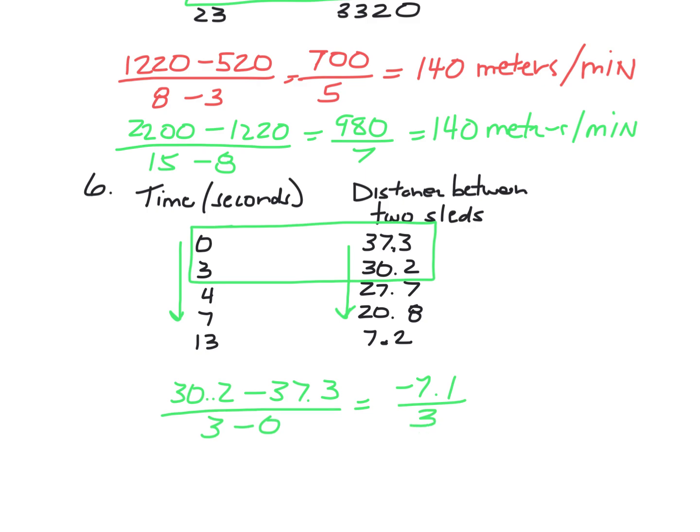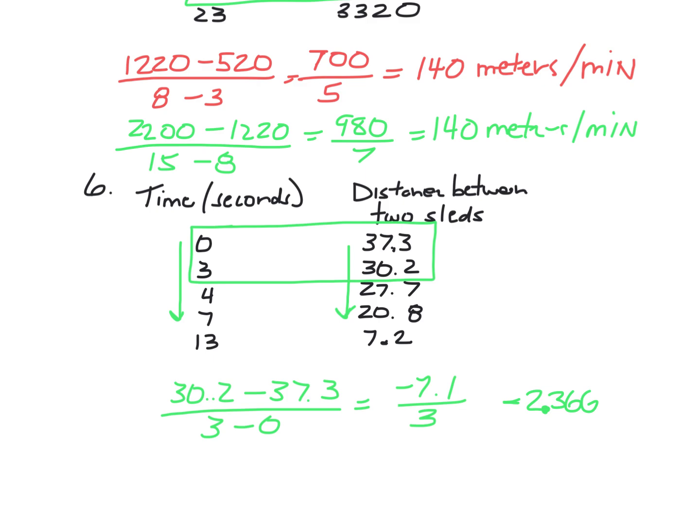Then I would divide those using a calculator. So if I take 7.1 and divide by 3, I get 2.366, and in this case, that would be negative.